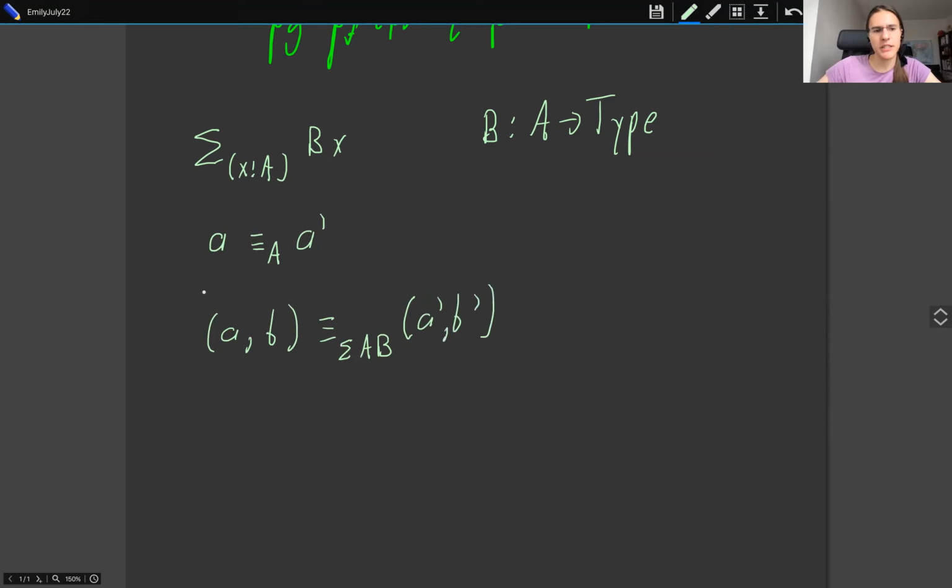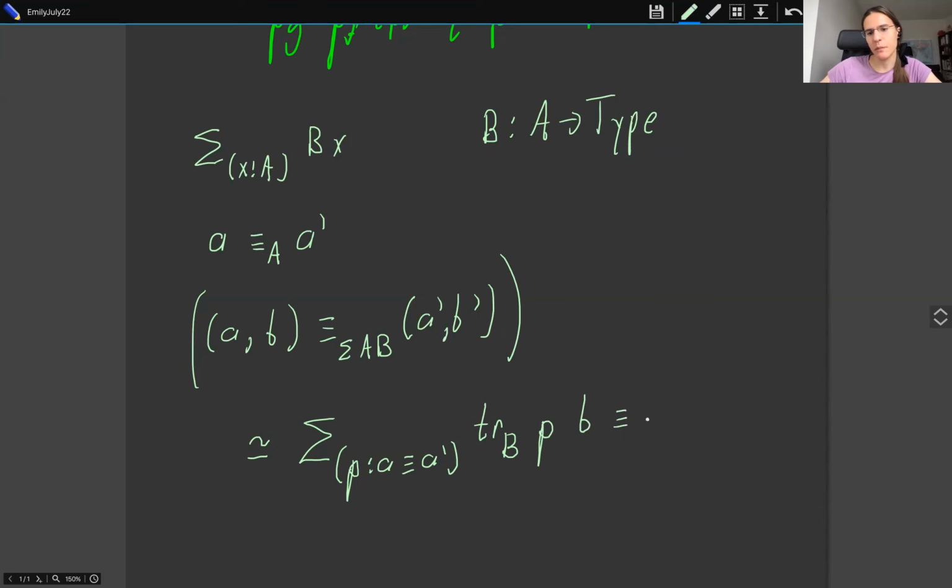Then we have a characterization that this equality type is equivalent to the sigma type of first equalities P from A to A prime, and then from transports in B. I think I want to write this as a subscript in B over P of little b is equivalent to b prime.